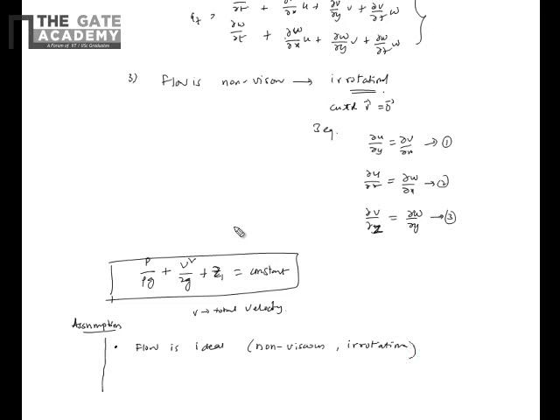So when I say non-viscous, it means it's irrotational, and the flow is incompressible. We have not assumed that density is varying. So that is derived under this condition, the Bernoulli equation. Okay, so these are the basic assumptions.